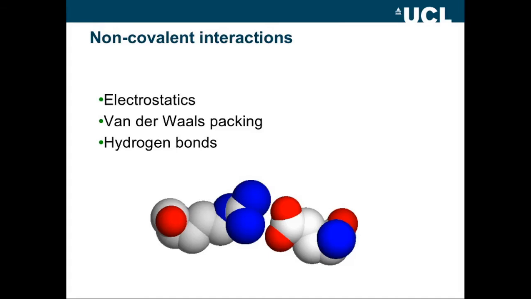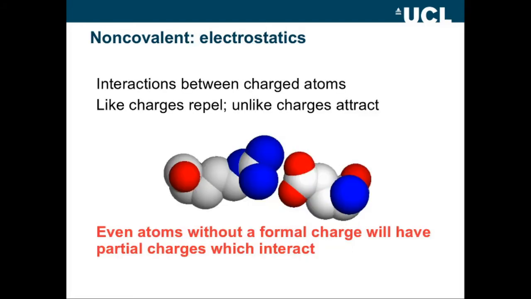In the second part of the lecture, we're going to look at non-covalent interactions. So these fall into three groups: electrostatics, van der Waals packing, and hydrogen bonds. Electrostatics are interactions between charged atoms. So like charges repel, unlike charges attract.